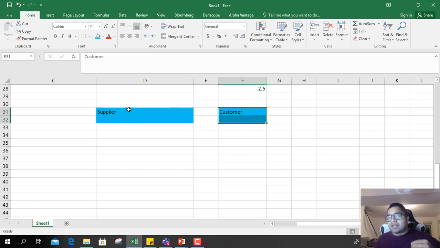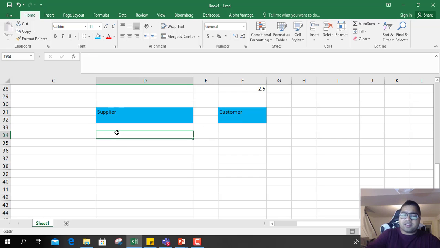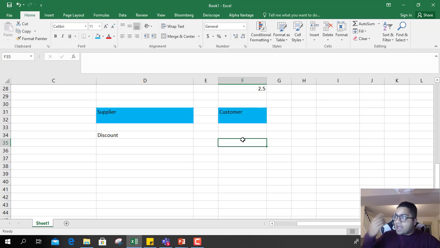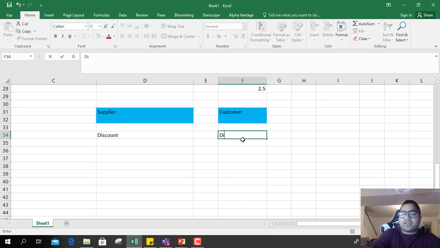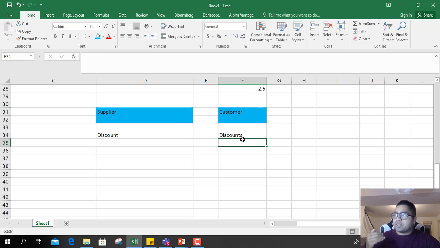So you want to pay your suppliers as late as possible, and you want your customers to pay as soon as possible. Now suppliers know that, so they will generally give you discounts if you pay faster. In the same way, you may have to give out certain discounts to your customers. Now we'll see what is the impact of these discounts on decision making.